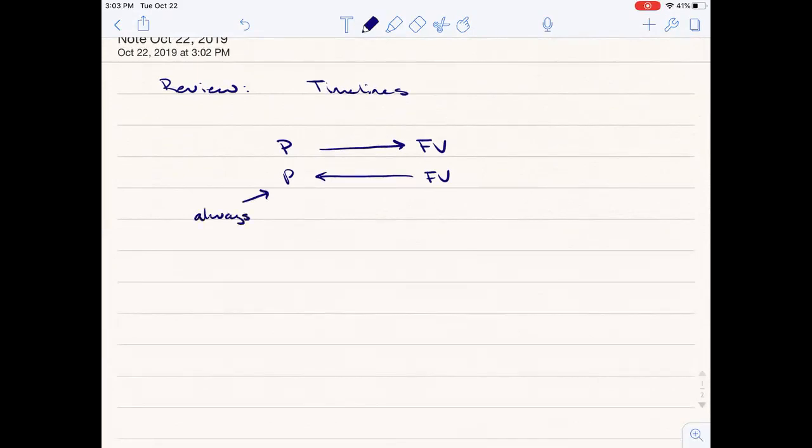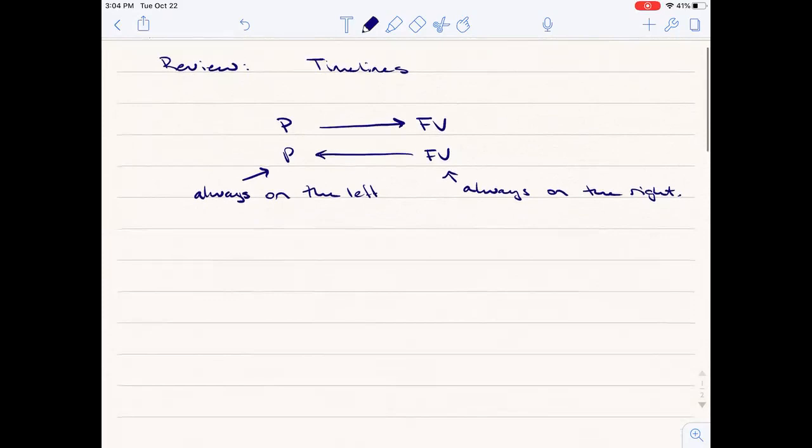So always on the left and always on the right. That's going to be important to keep in mind for when we solve future problems, right? Because whichever way we find ourselves drawing this arrow, that's going to tell us what we have to calculate, right? It's a principal amount or a future value.